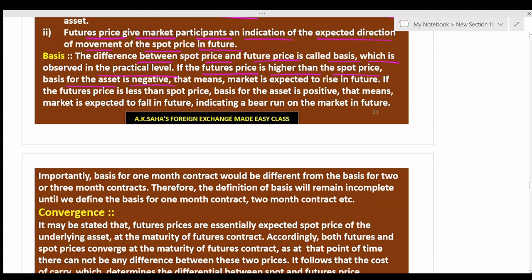That means the market is expected to rise in future. If the future price is less than the spot price, basis for the asset is positive. That means the market is expected to fall in future, indicating a bear run on the market in future.